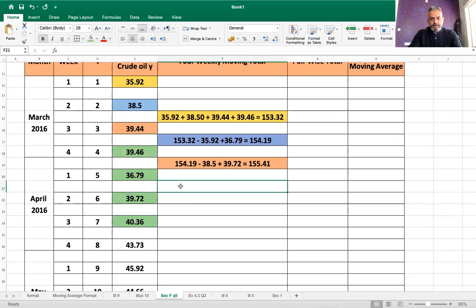Okay, again the centermost. So 155.41 minus 39.44 plus 40.36, which is equal to 156.33.